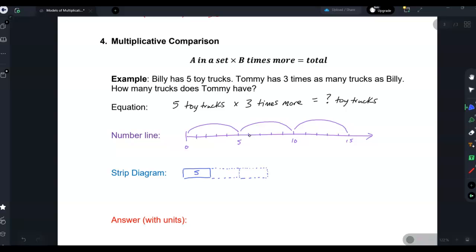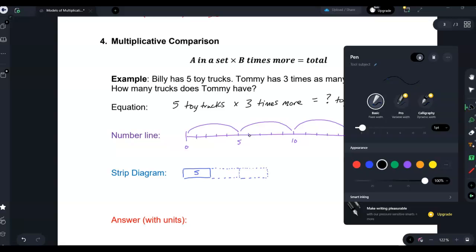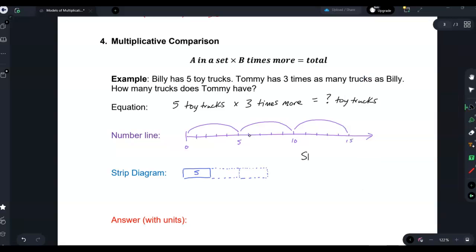But I think it's good to note here, there is a really common student misconception that you may see. You could see it on your number line as well, or with the strip diagram.